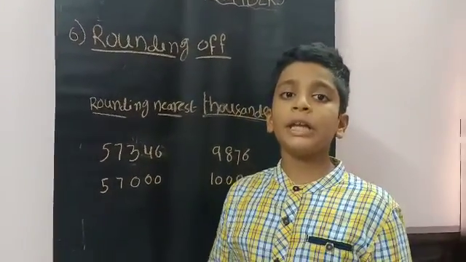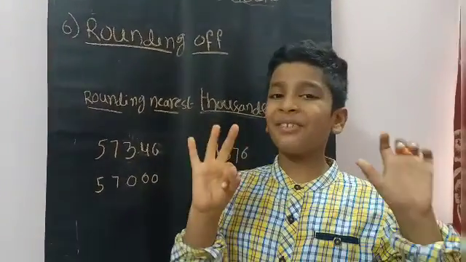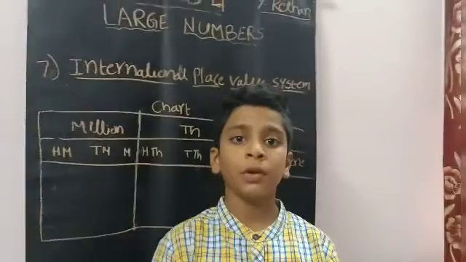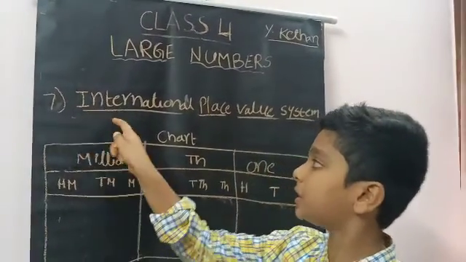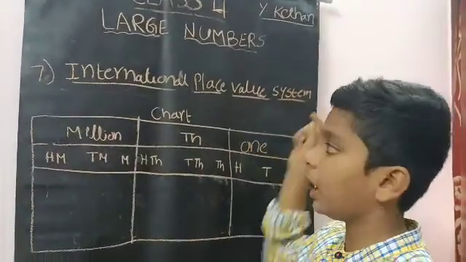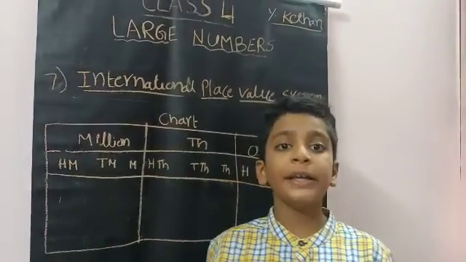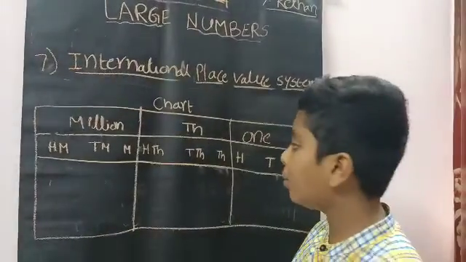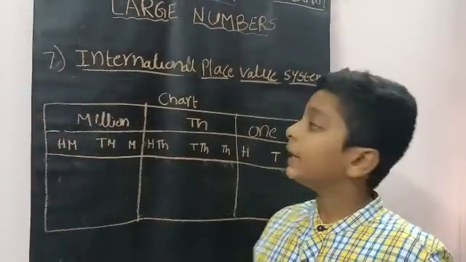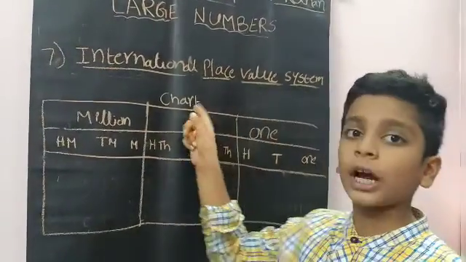We'll go to the next concept, number 7. Okay, the final concept, the 7th concept, the international place value system. I already told you the Indian system chart. Now I will tell you the international place value system chart.